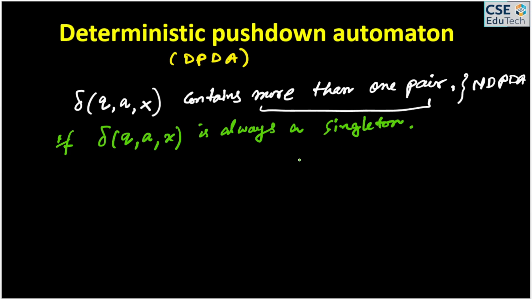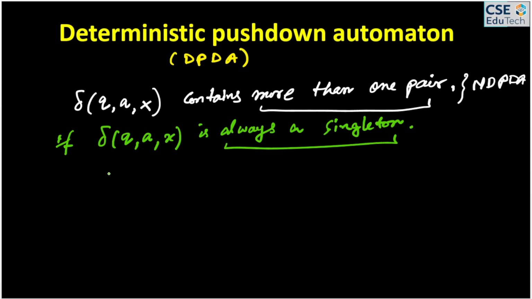In this situation we could still have a choice between using a real input symbol or making a move with epsilon, that is, without reading a symbol. So even if the outcome is a singleton set, there is still a choice: whether you read a real input or make a move using the epsilon transition.